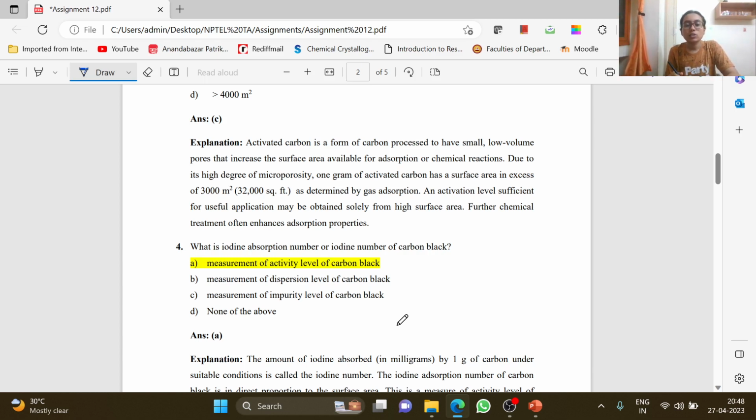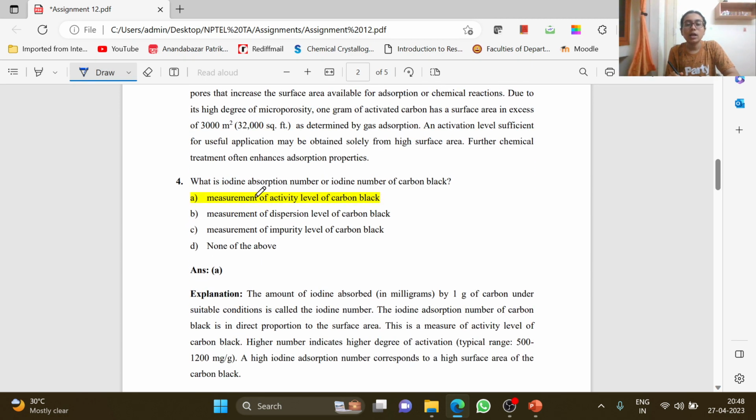What is the iodine adsorption number, or iodine number, of carbon black? It is the measurement of the activity level of carbon black, defined as the number of milligrams of iodine adsorbed by 1 gram of carbon under suitable conditions. The iodine adsorption number of carbon black is in direct proportion to the surface area.